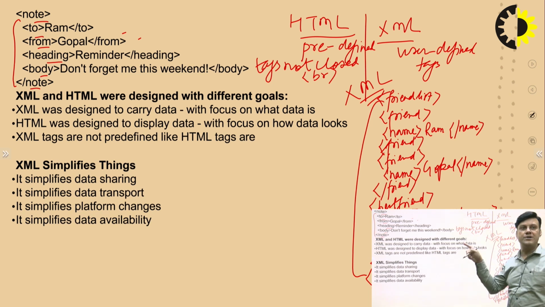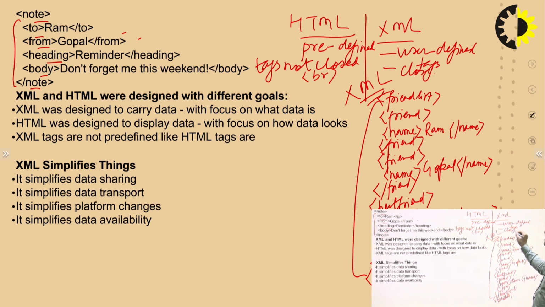There may be a possibility that tags are not closed, but in XML it is compulsory to close the tags. So for example, if I forget to close this tag, this is a small example, but when we are making bigger files, there is a possibility that an error may come. Then what happened? So nowadays there are a lot of online tools available.